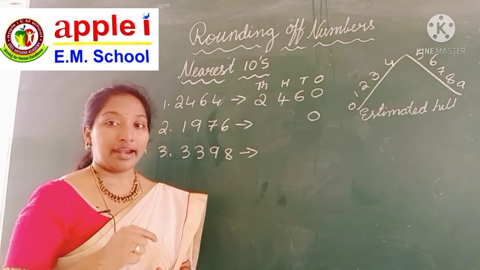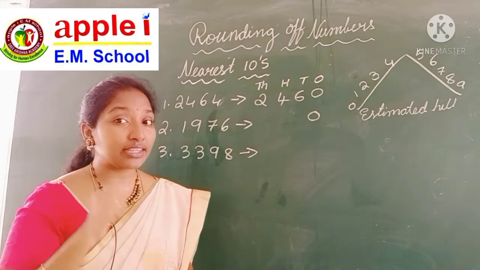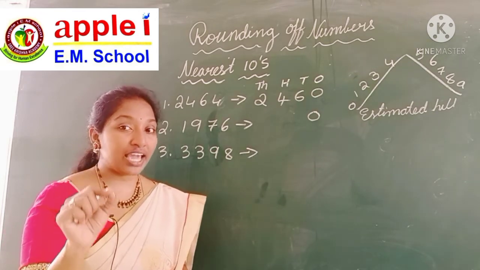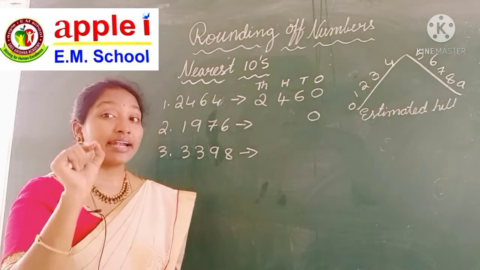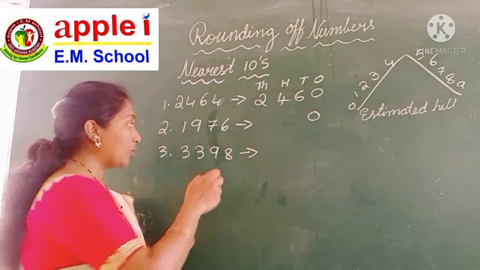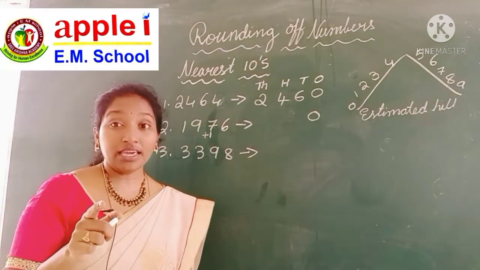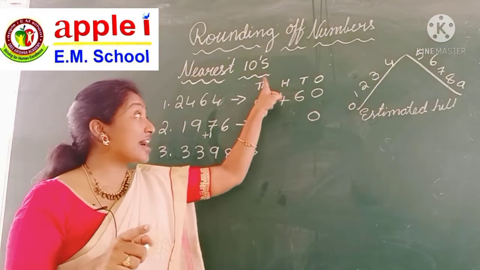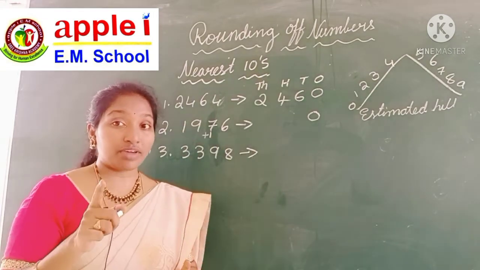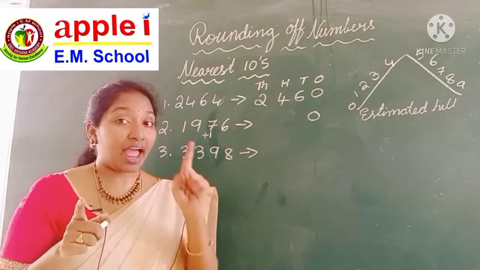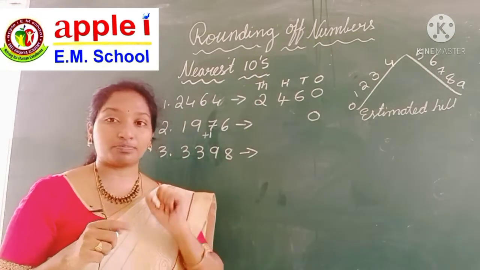And where do we have to add that point? We have to add it in the tens place. Add 1 in the tens place. Why? Here we are doing nearest tens. So whenever we get 1 point, add 1 to the tens place.